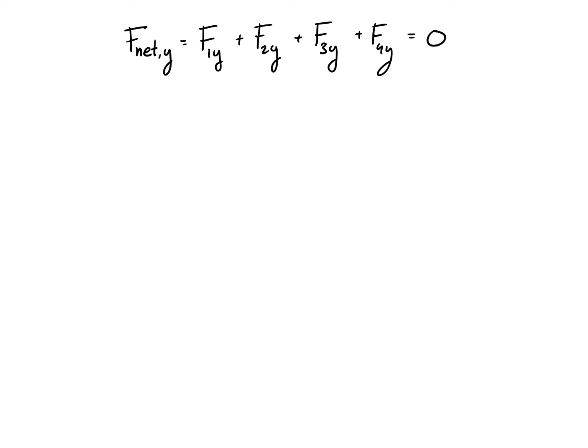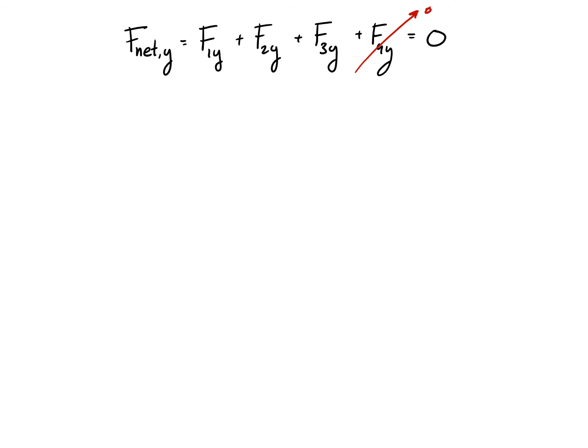So I have force net y is going to be equal to force 1 in the y direction plus force 2 in the y direction plus force 3 in the y direction plus force 4 in the y direction, being equal to 0. There is no value of force 4 in the y direction, so I can ignore that moving forward.